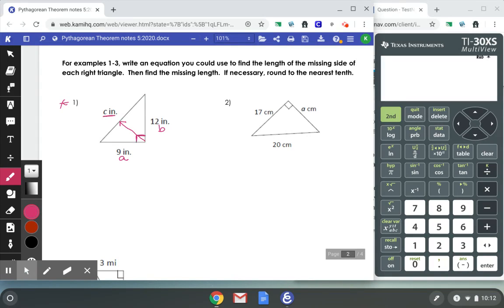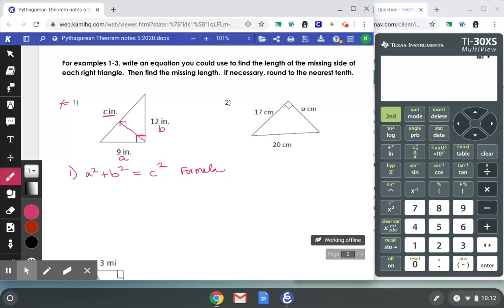Okay, so since it's a right triangle, I immediately think, okay, I'm looking for a missing side, Pythagorean theorem. I'm going to write that formula down. A squared plus B squared equals C squared. Formula. Now I'm going to substitute in what I know into the formula.